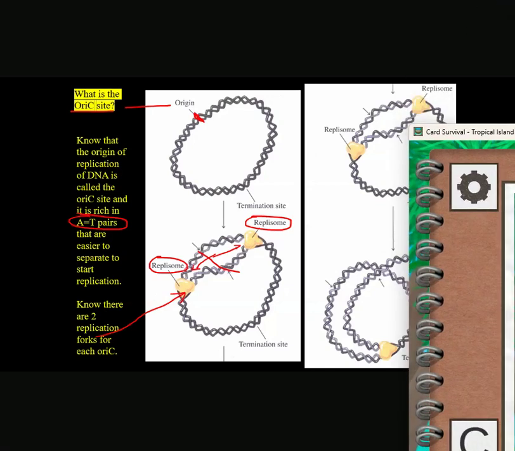So 2 replication forks. At each replication fork, we have a cluster of proteins called the replisome. So the replication forks are right there. And the cluster of proteins at the replication fork is called the replisome. And those include proteins that separate the DNA and do the DNA synthesis.